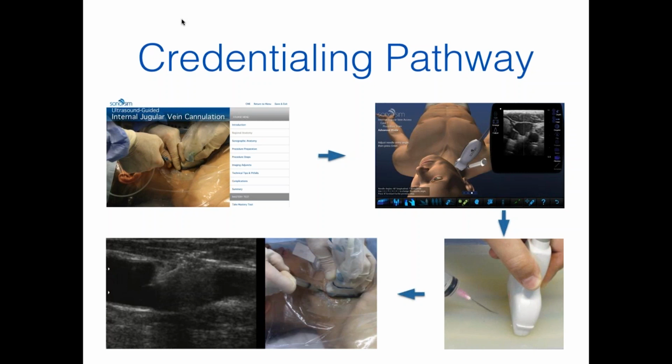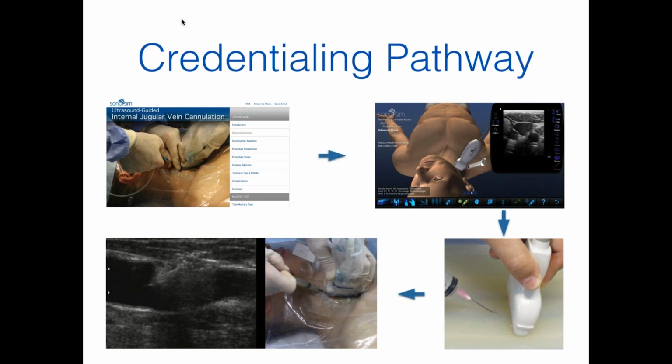Next, they can access the SonoSimulator to do the self-directed hands-on training. In this case, in this right upper corner, you're seeing the IJ being cannulated within the simulator. They can then come to your sim center and then using a real ultrasound machine, and you can see here just a gel pad, they could practice cannulating either a vessel that you've created, or perhaps you're using some out-of-the-box manufactured gel pads.